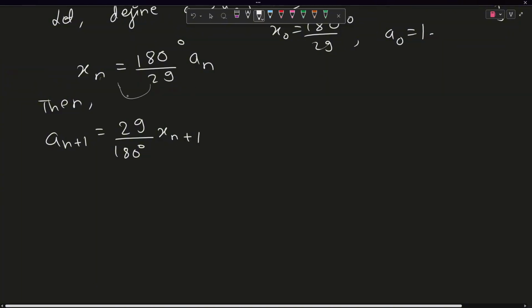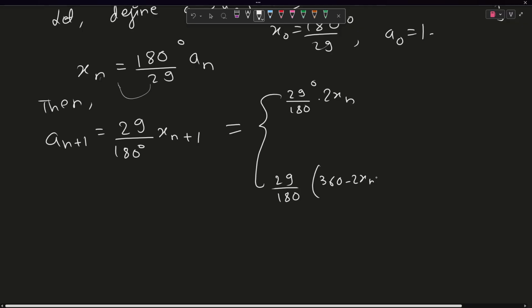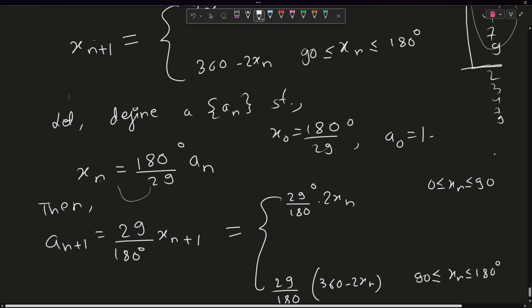We're just swapping the places here, which is equal to 29 by 180 degrees times 2xn, and here 29 by 180 times 360 minus 2xn. This is for xn from 0 to 90, and this is for xn from 90 to 180. So we're basically using this piecewise here.